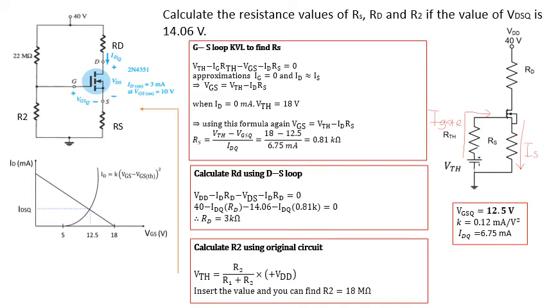But since this is a series circuit, we will assume that IS is equivalent to ID. So for the KVL of the GS loop, VTH minus IGRTH minus VGS minus IDRS equals 0.